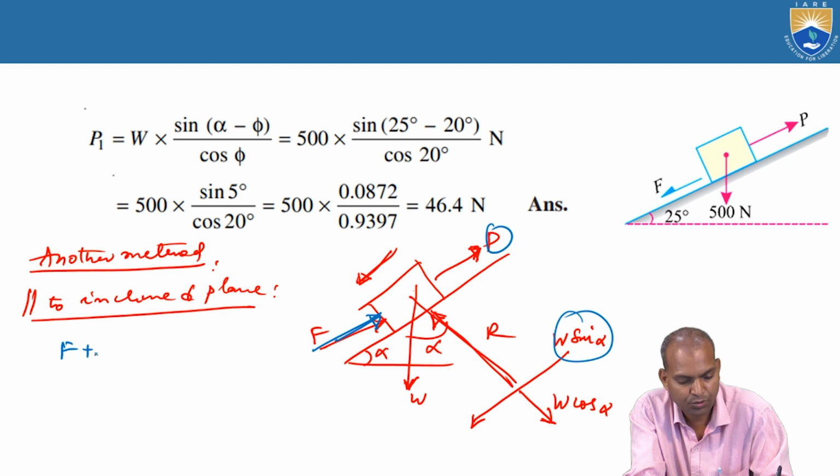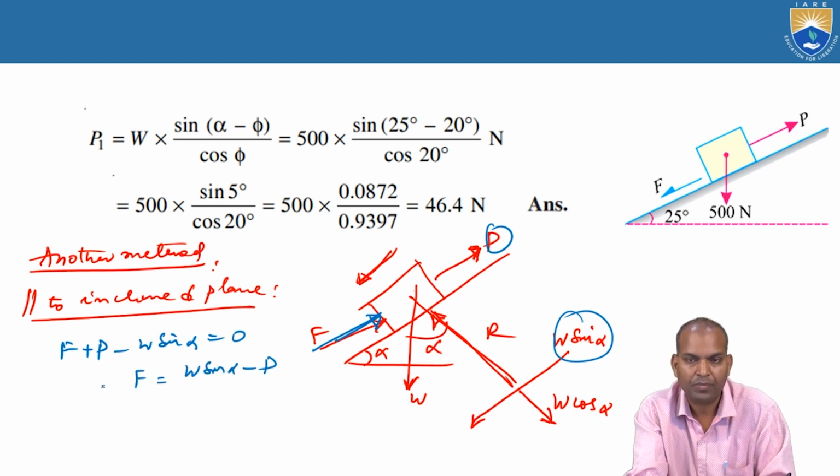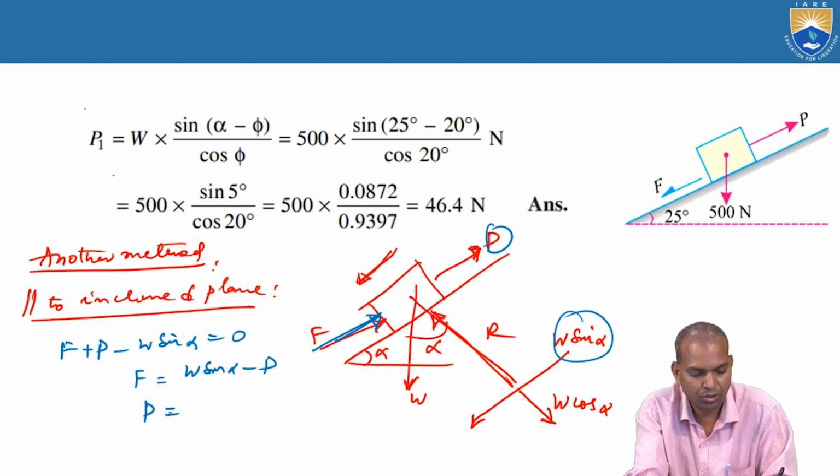That is F plus P minus W sin alpha equal to 0. That is F equal to W sin alpha minus P, or P equal to F minus W sin alpha.